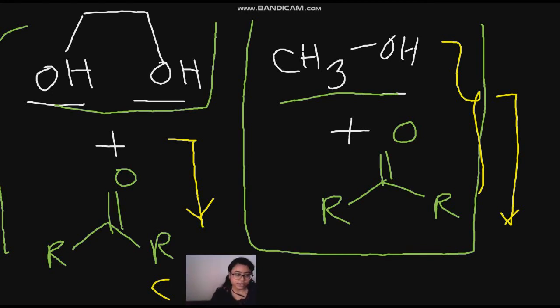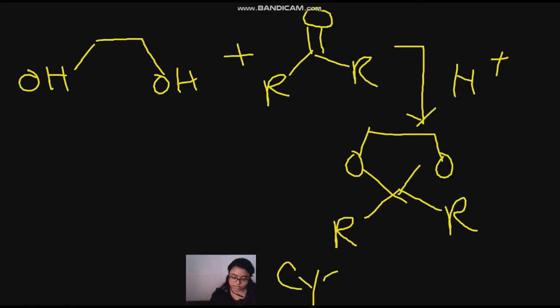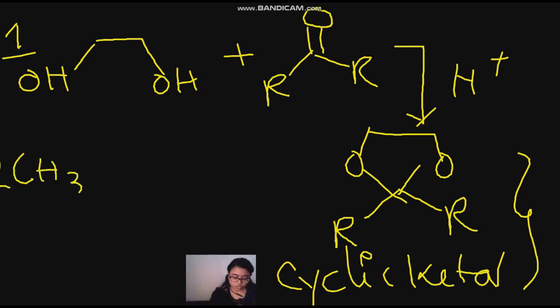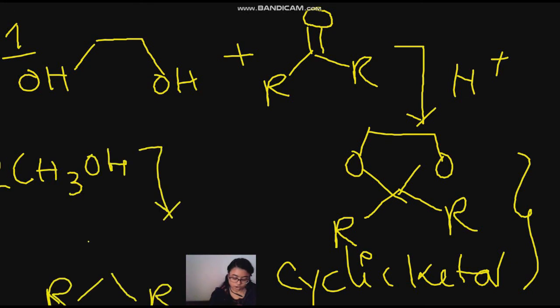Let's go for it in detail. Suppose we have OH, this one diol, and along with it we have a ketone, giving a cyclic ketal. Now here 1 mole of alcohol is enough to form a cyclic ketal. But if we use methanol, we need 2 mole of CH3OH to get a ketal like R, OMe and OMe.